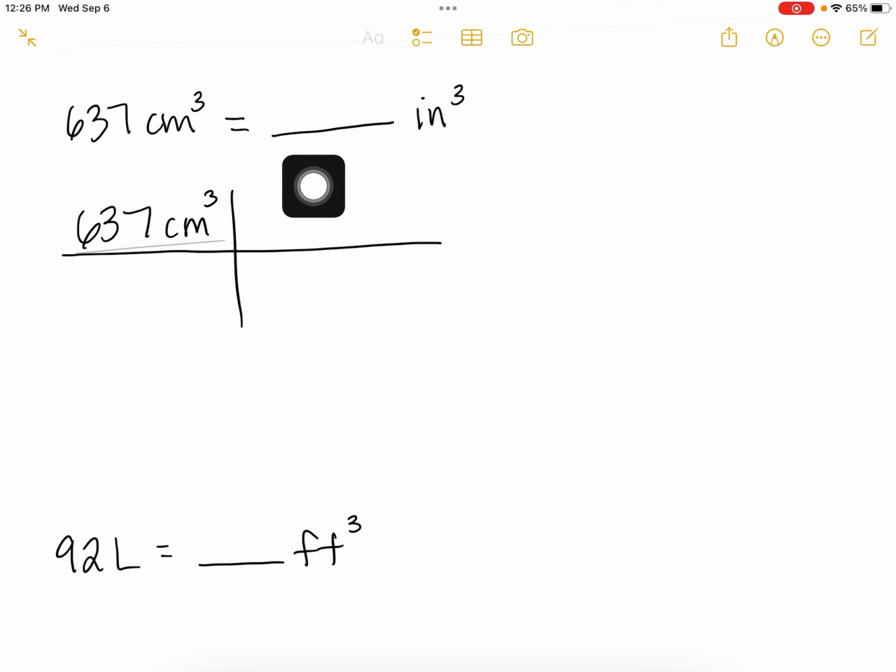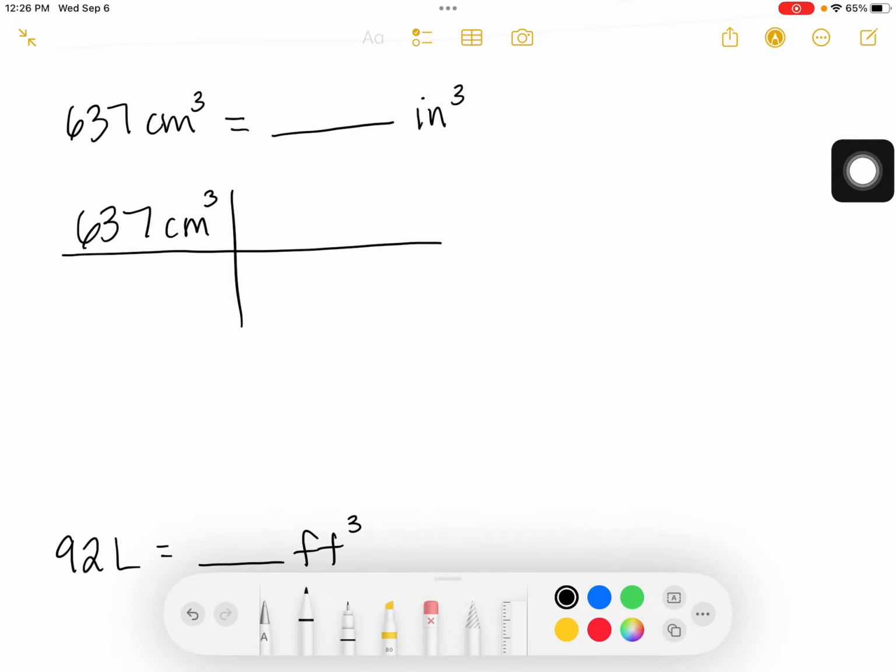If that cubed wasn't there, this would be a very simple task to change centimeters into inches. We would say, well, there's 2.54 centimeters in 1 inch. And if that centimeters originally wasn't cubed, we would be ready to proceed with the math of this problem.